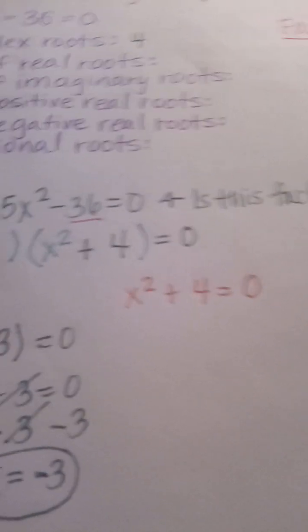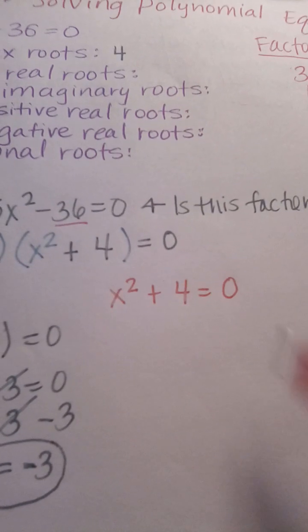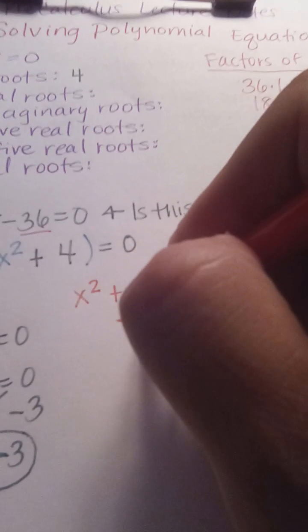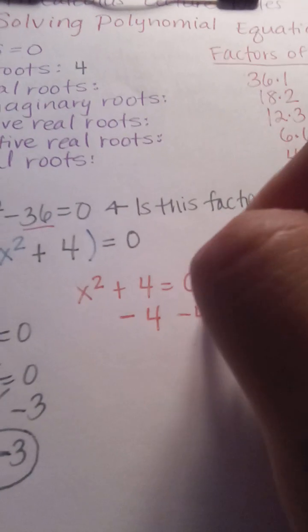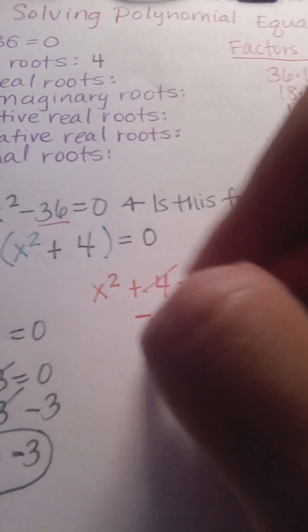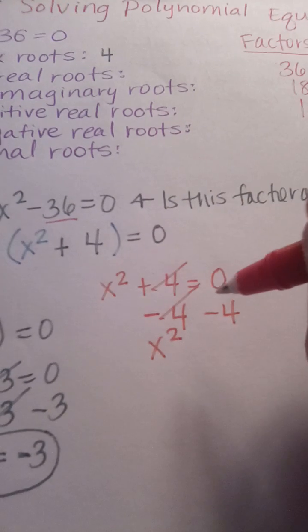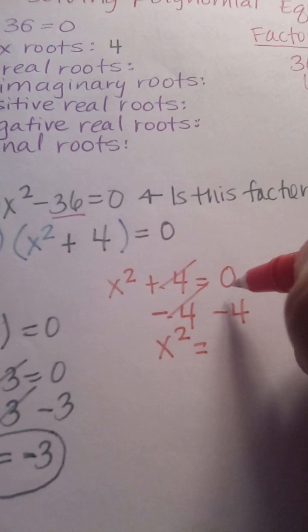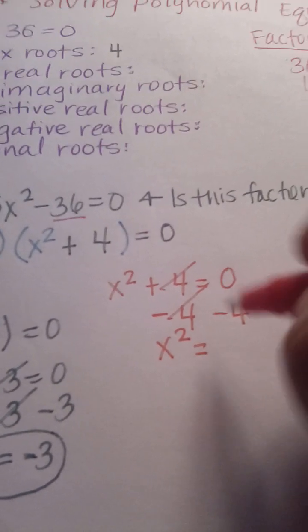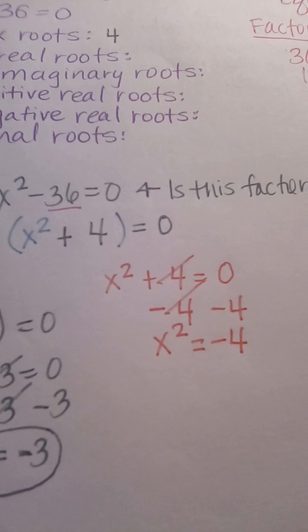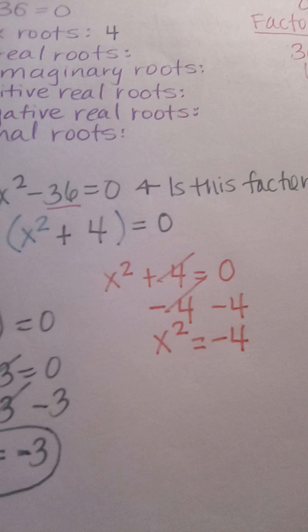But in this instance, we're going to subtract 4 from both sides. I'm going to show you why. Cancel the 4's out. Bring down the x squared. We have equals 0 minus 4. That gives us a negative 4. All right. This is where I'm going to have to explain why.